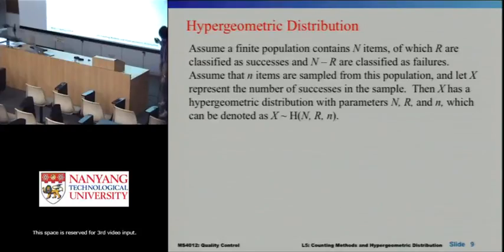Normally we get a finite population containing N items. So this is the population size, not a sample size. When we get a small population, then the successful probability will be affected.